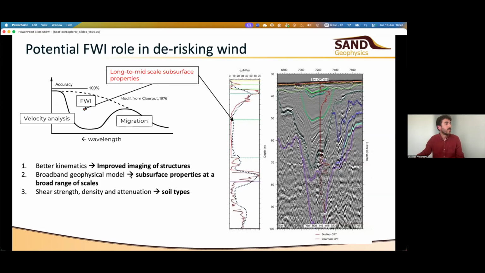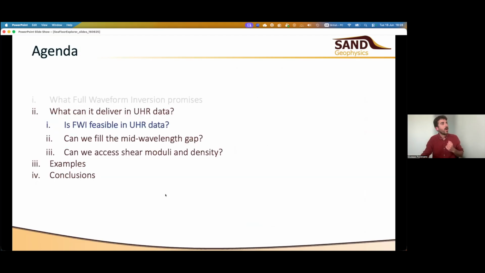And the broadband geophysical model, just like in telecommunication, broadband means you have a lot of information. A broadband geophysical model means you have a lot of information about the distribution of geophysical properties and therefore potentially soil properties, especially if we move to an elastic or viscoelastic approximation of the wave equation. You may even get information about shear strength, density, and attenuation.